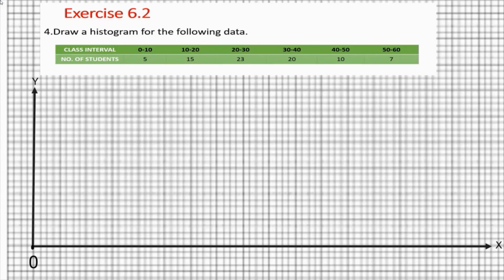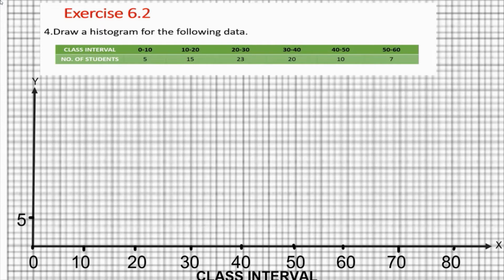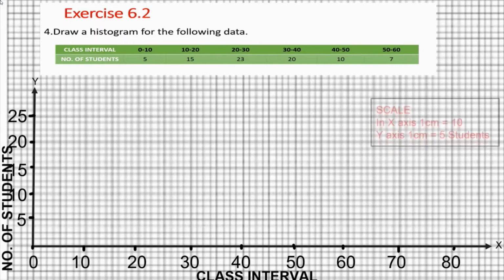Origin. We are taking class interval now 10, 20, 30, 40, 50, 60, 70 and 80. Now for number of students on the y-axis we take 5, 10, 15, 20, 25. This is number of students.